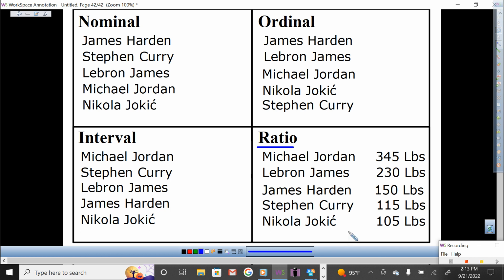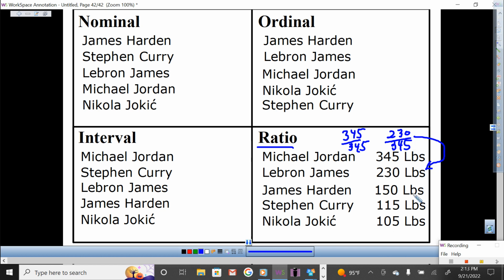So let's see. Jordan is 345, since he's the one that lifts the more weight, is 345 over 345, yes? Okay. How about LeBron? 230 over what? 345, and that's a ratio of the overall greatest amount that they can bench.